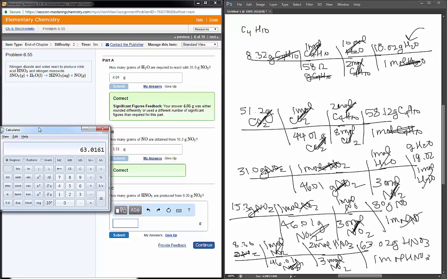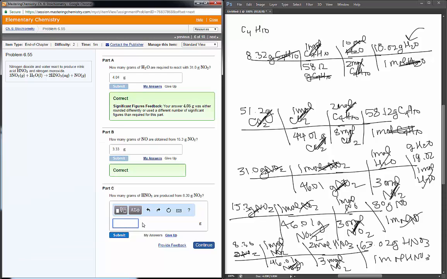And now I plug this in. 8.3 grams of NO2 divided by 46.01 grams of NO2 in a mole, multiplied by 2 moles of HNO3 divided by 3 moles of NO2, multiplied by 63.02 grams of HNO3 in a mole, and I get a total mass of 7.58 grams of HNO3.